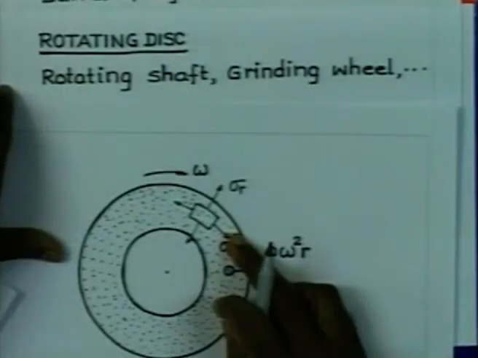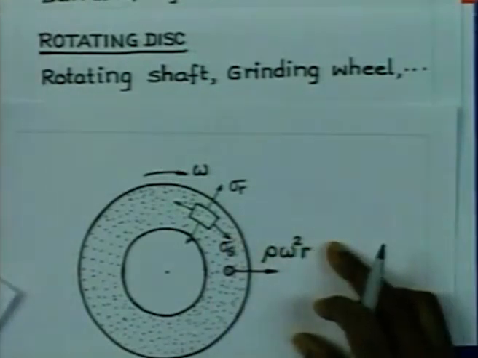So, therefore, the calculation of the stresses due to rotation is also important from the point of view of design, whether it is a rotating shaft or a grinding wheel, there is a need to calculate these stresses. So, therefore, we would like to look into these problems.